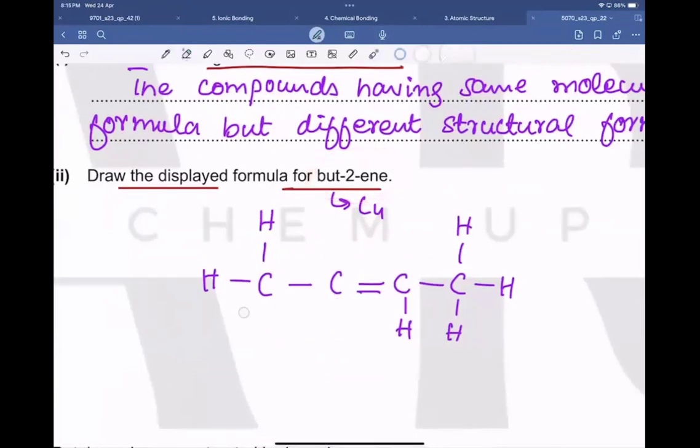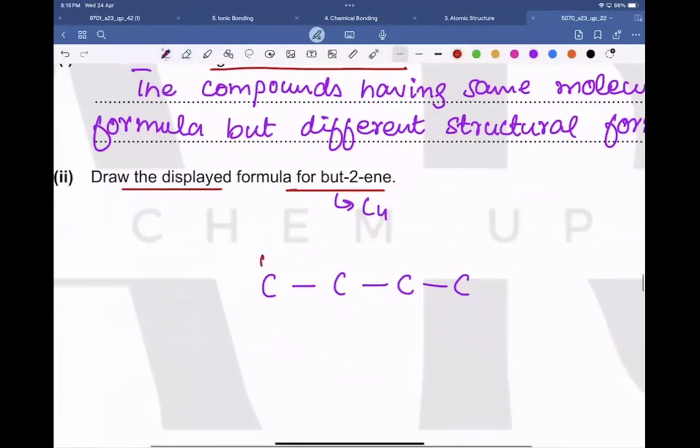So but means 4 carbon. Let me do it again. You can start numbering from either side. For example, if I start numbering from here, this is carbon 2. So I'm going to put a double bond from carbon 2 like this. And for example, if it was but-1-ene, then instead of this, I'm going to put a double bond over here.